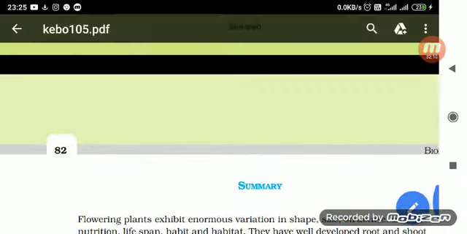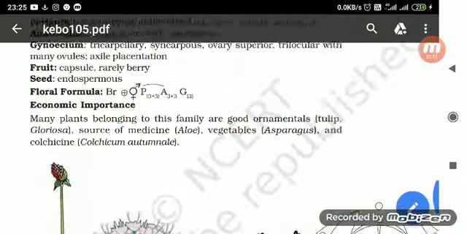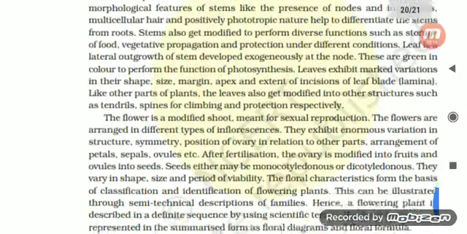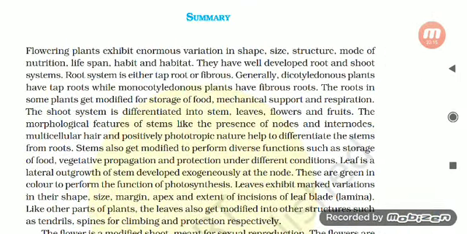Summary. Flowering plants exhibit enormous variation in shape, size, structure, mode of nutrition, lifespan, habit, and habitat. They have well-developed root and shoot systems. Root system is either taproot or fibrous. Generally, dicotyledonous plants have tap roots, while monocotyledonous plants have fibrous roots.